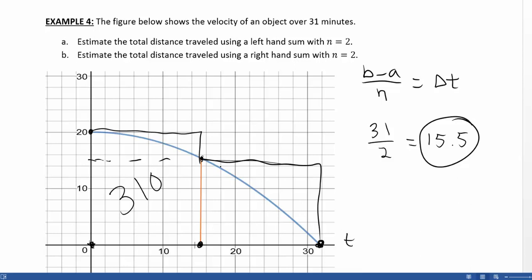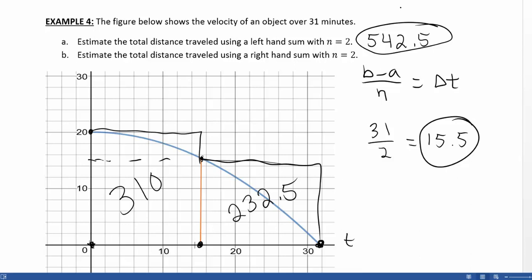So 15 units high and 15.5 units wide. I multiply those together and I get 232.5 for my second rectangle. Adding those two numbers together is going to give me 542.5. So that's my estimate for part A, 542.5. And looking at these rectangles, I can tell that this is an overestimate for the area under the curve because there's extra area there.